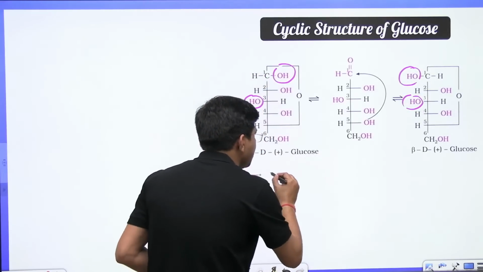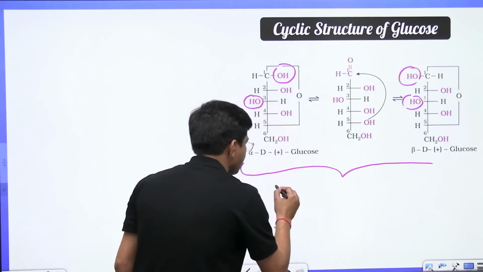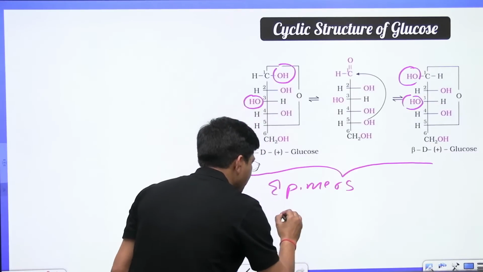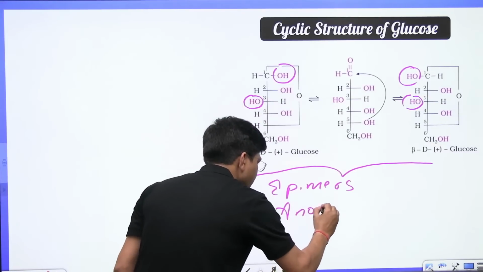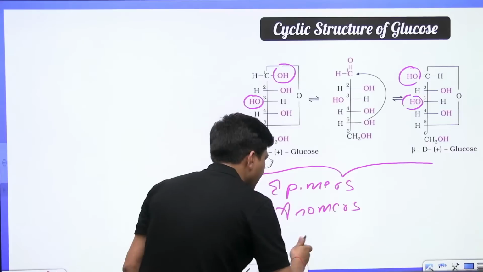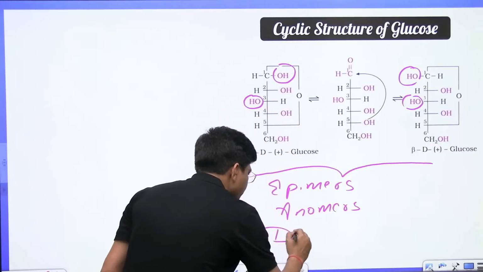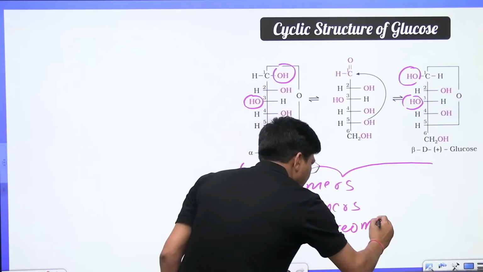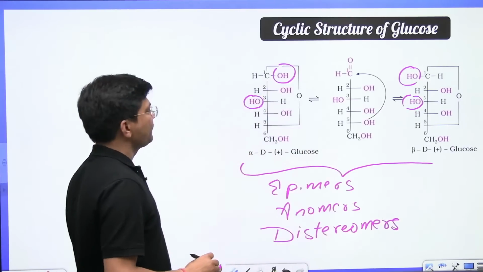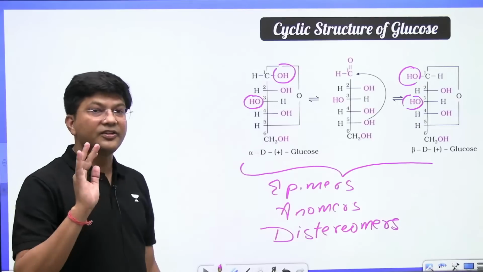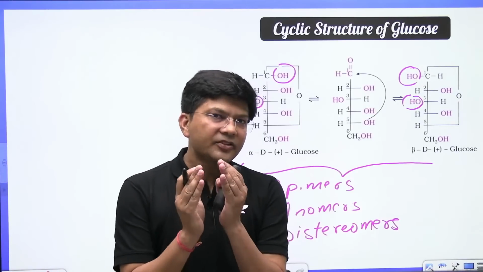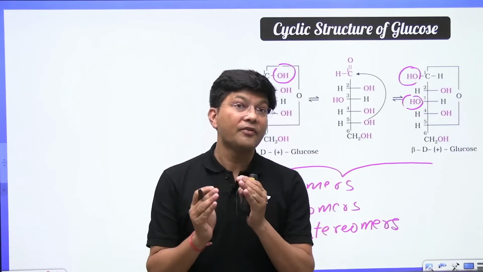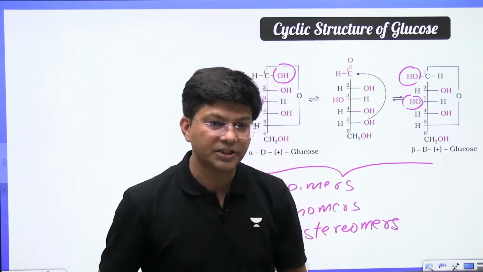And what is the relation between these two structures? They are epimers, they are anomers, and they are diastereomers. Overall they are configurational isomers. Is this clear? I am taking NCERT along with me because each and everything is going to come from NCERT only in your examination.